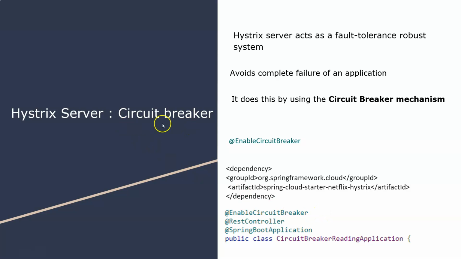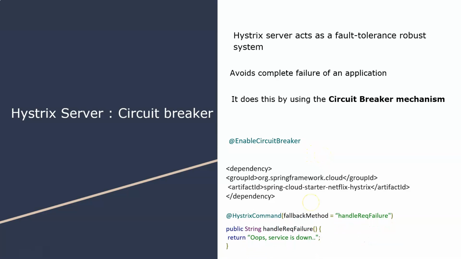So, as I told you, we use this to enable the circuit breaker approach. To enable the circuit breaker approach, we use something called the @HystrixCommand annotation, and we define a fallback method. Whenever a particular function or your web service is down, you define a fallback method for each function, and then that particular method gets invoked.